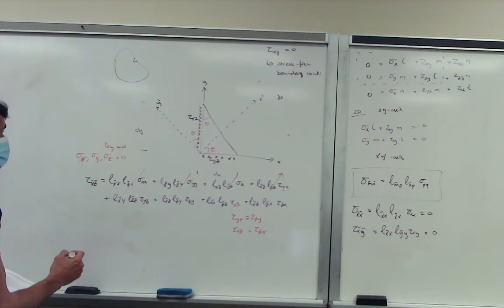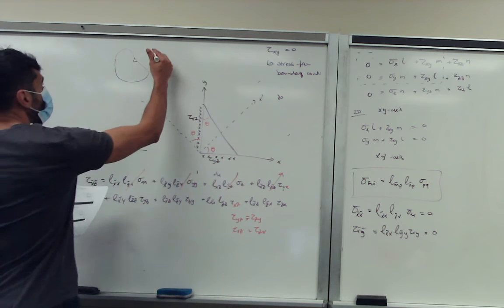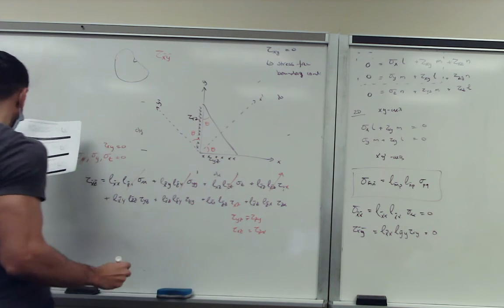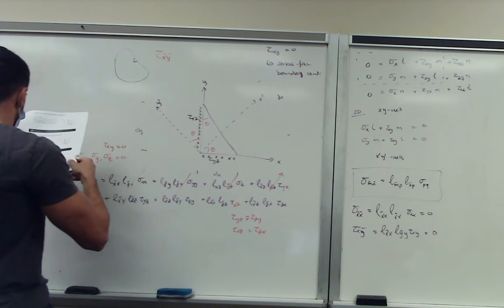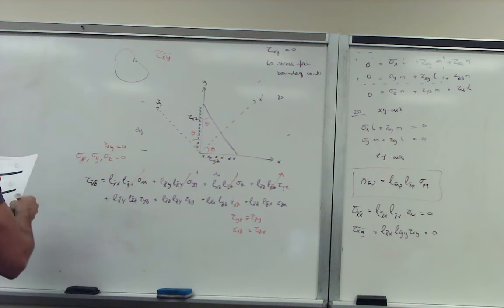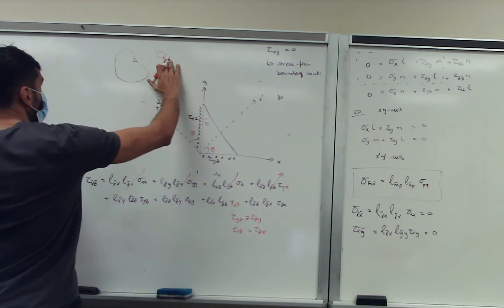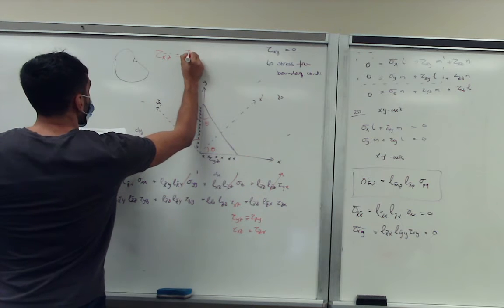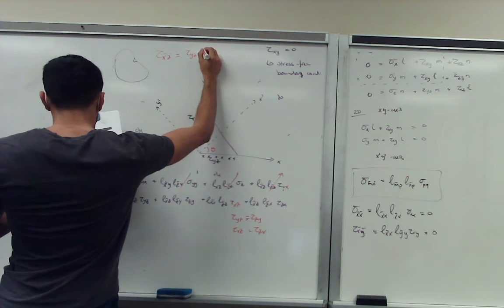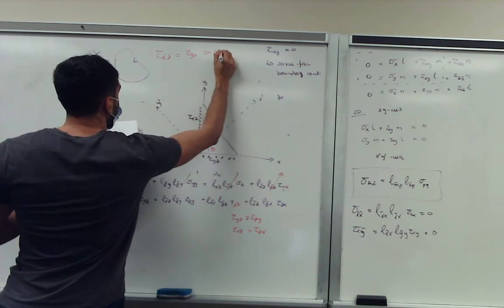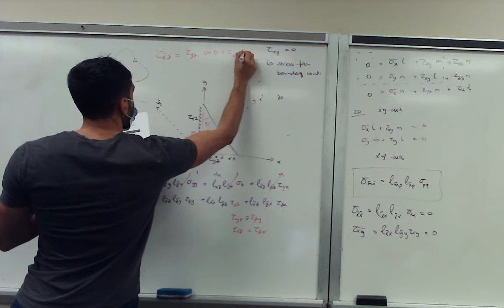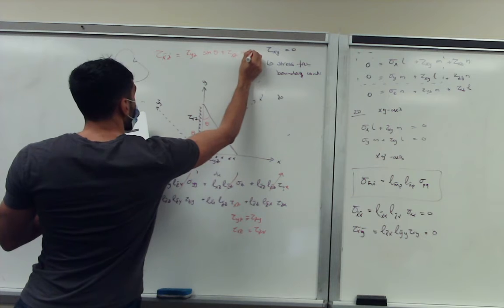So for our new transformation coordinate system, let's write that on top, tau xz, sorry, in our new coordinate system is equal to tau yz sine theta plus tau xz cosine theta.